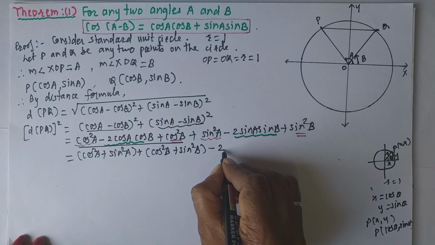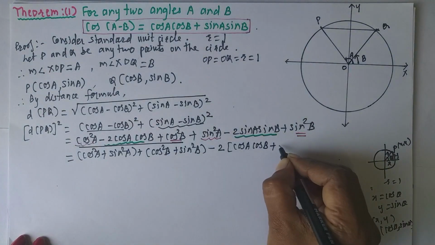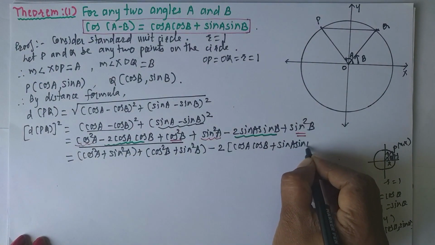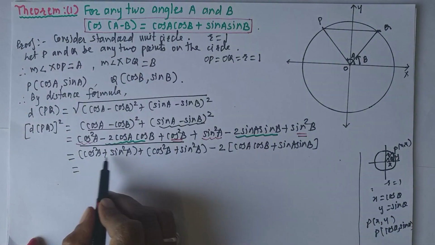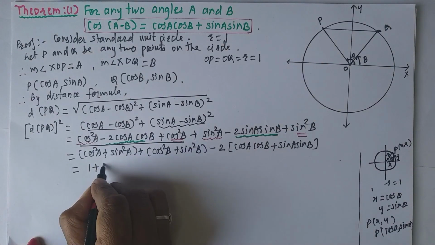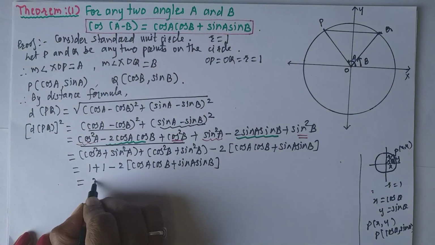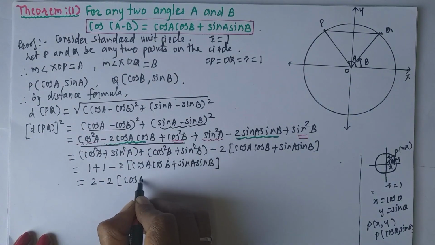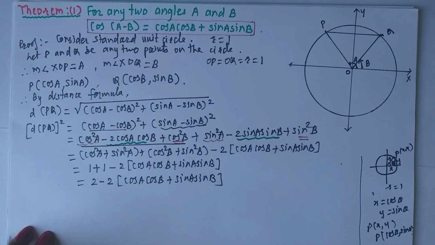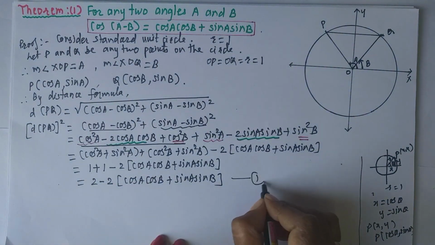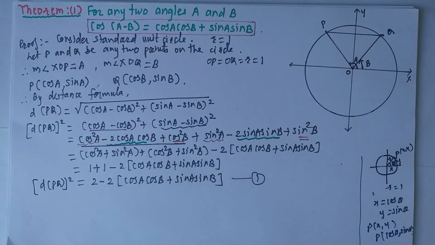Then this will be minus 2 times cos A cos B plus sin A sin B. Now by our first identity, value of sin square A plus cos square A will be 1. This will be 1, and write down this term as it is. This 1 plus 1 means 2. So 2 minus 2 times cos A cos B plus sin A sin B. Now, treat this as equation 1. This is nothing but distance PQ squared. Consider this as equation 1.